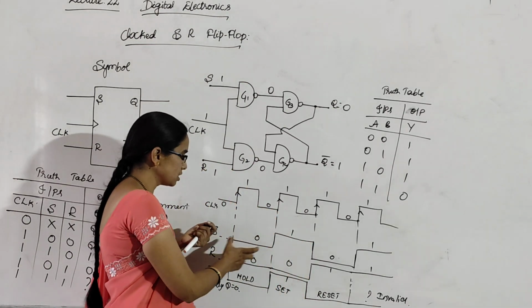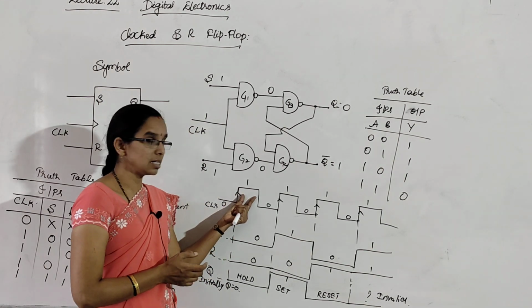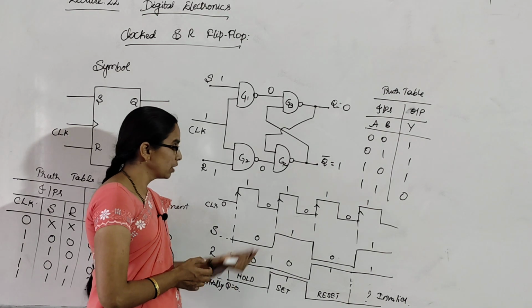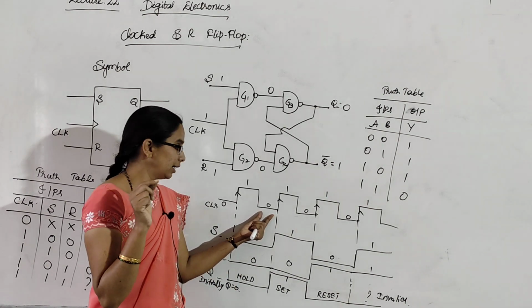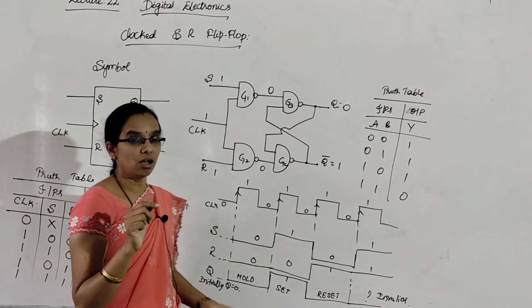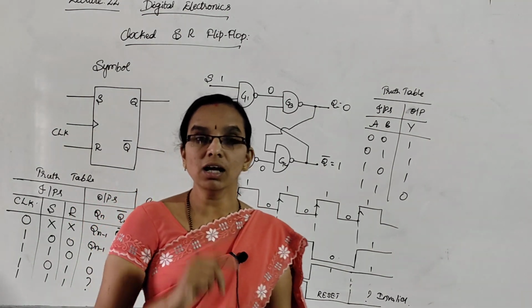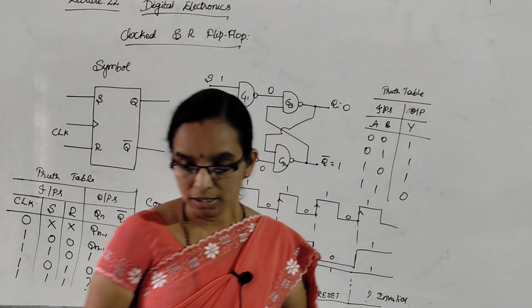Whenever the clock signal is high, during this on time, if you change the input, the output will change. Whenever the clock signal is 0, even if you change the input, the output will not change. Output will be changed only when the clock signal goes high.